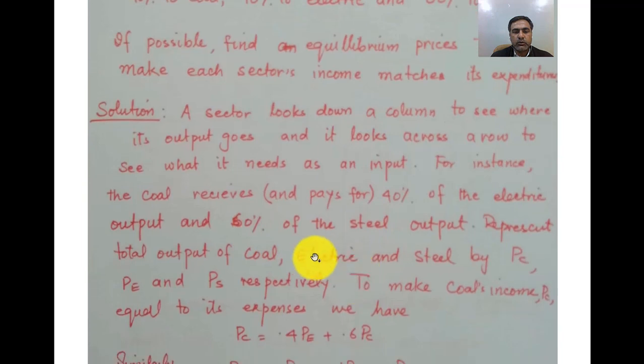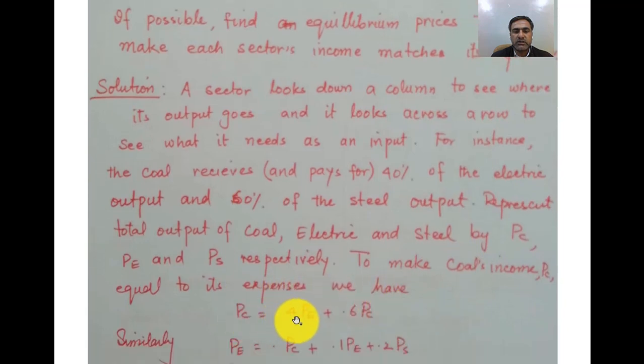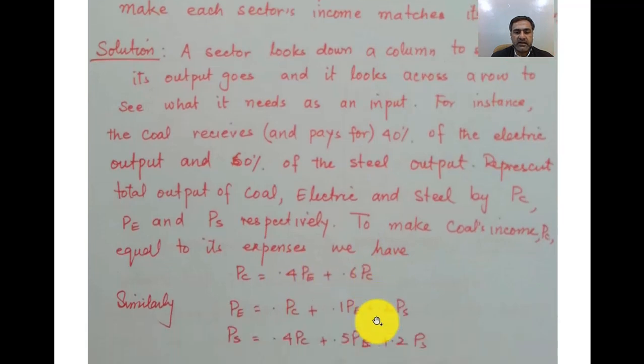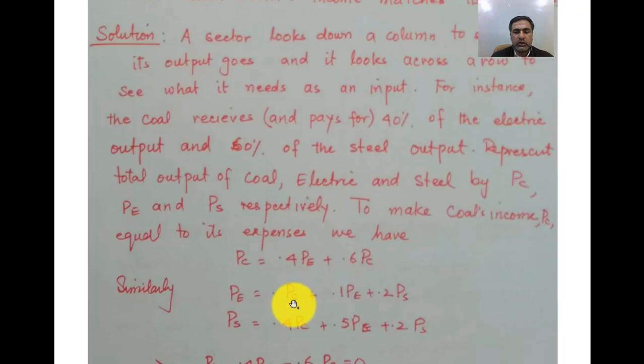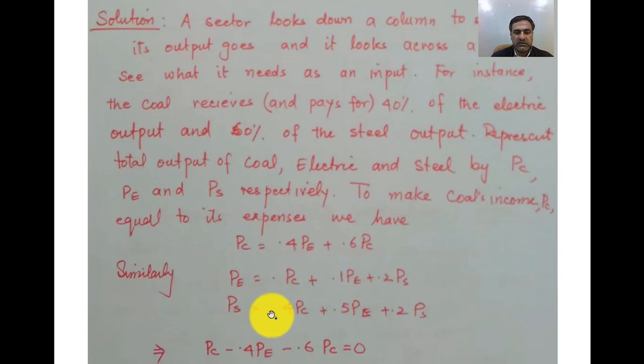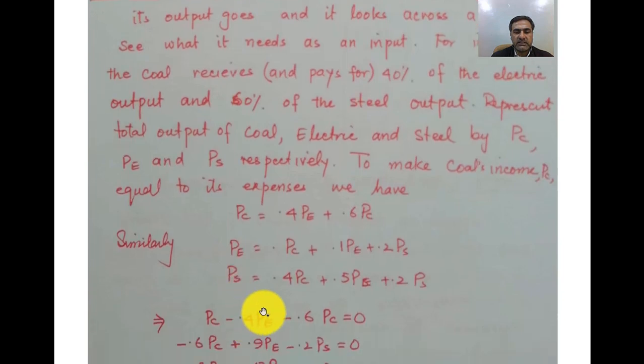Now represent the prices of coal, electric and steel output by PC, PE and PS respectively. To make coal's income PC equal to its expenses, we must have PC equal to 0.4 PE plus 0.6 PS, and similarly PE is equal to 0.6 PC plus 0.1 PE plus 0.2 PS, and similarly PS is equal to 0.4 PC plus 0.5 PE plus 0.2 PS.